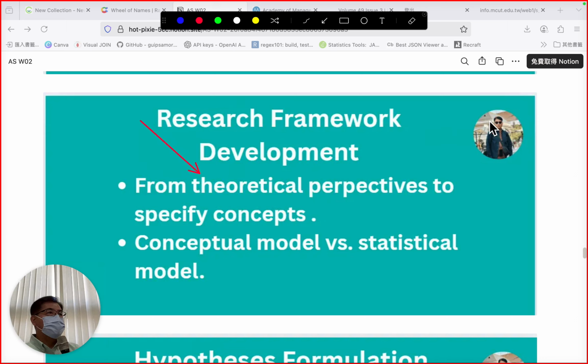For example, resource-based view is a theory, or social cognitive theory is a perspective. We use theory to specify concepts. Got it? Theory contains many concepts.